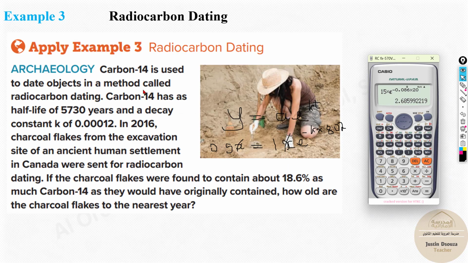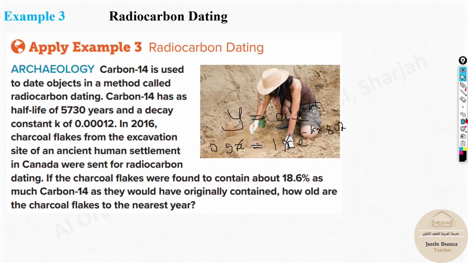And now we come to radiocarbon dating. This is an interesting topic because they find fossils, date them, age them and everything. Now here we have a real world problem. Archaeology. Carbon-14 is used to date objects in a method called radiocarbon dating. Carbon-14 has a half-life of 5,730 years and a decay constant k of 0.00012.